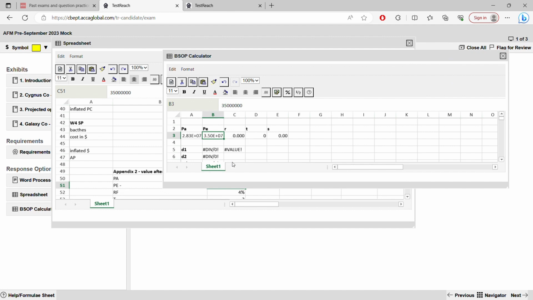Paste. Now this one, R. R is 4%, 0.04. Time is 2. Standard deviation is 0.35. Enter. You see what happens the moment you press enter.